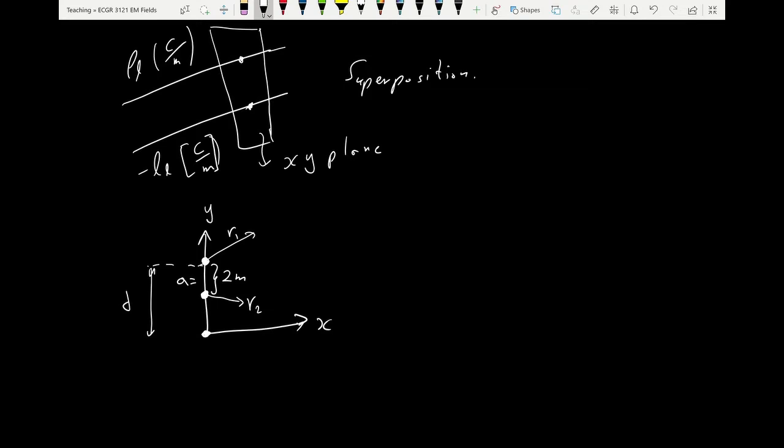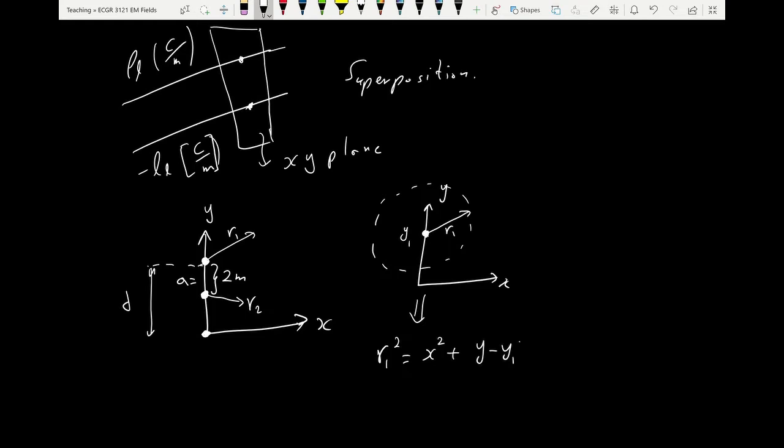Let me draw a transmission line here at any elevation, let's say elevation y1. We can find the field at a distance r1 away. In terms of Cartesian coordinates, r1 squared equals x squared plus (y minus y1) squared.